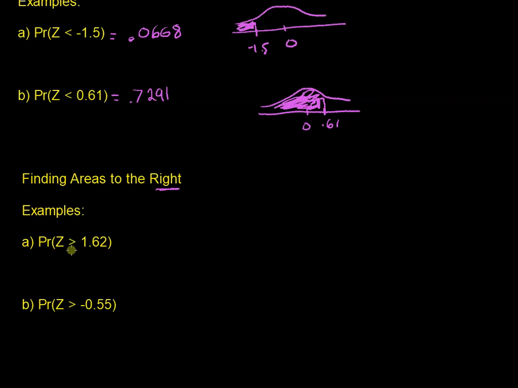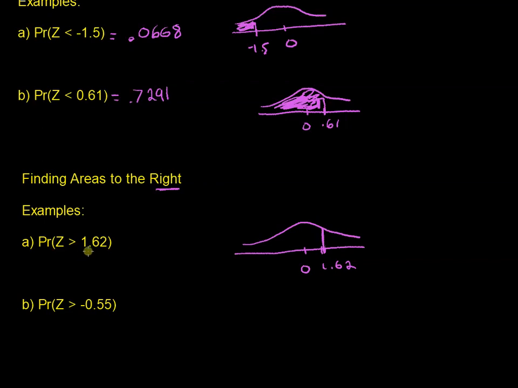This one says to find the area to the right. This is the probability that z is more than 1.62. So here's 1.62. Actually, it would be further away from 0, but the point is that it's to the right of 0 because it's positive.